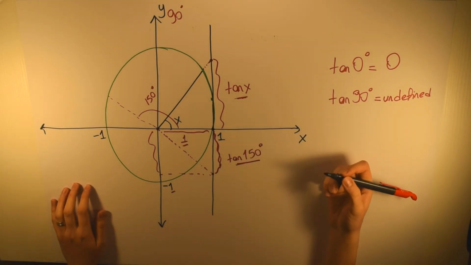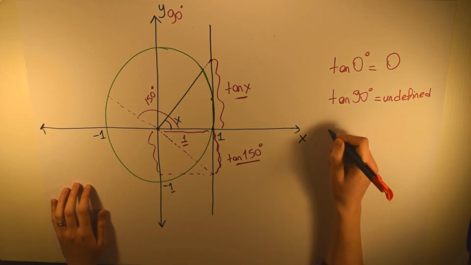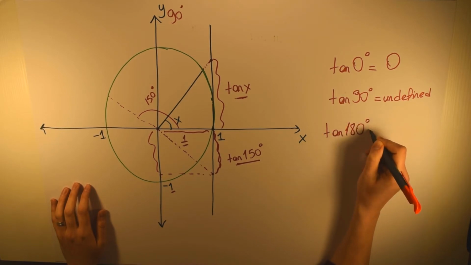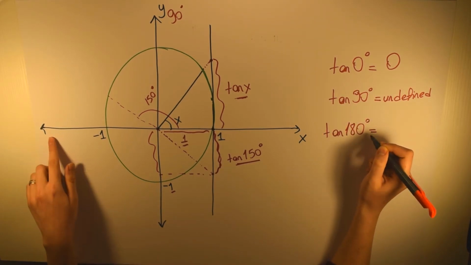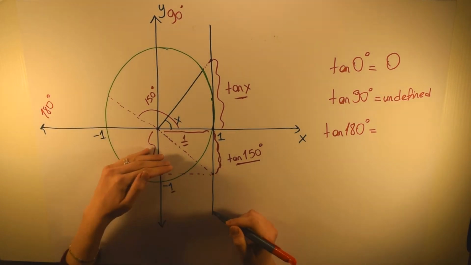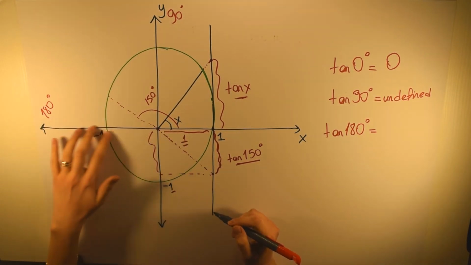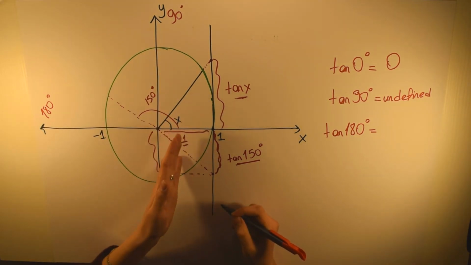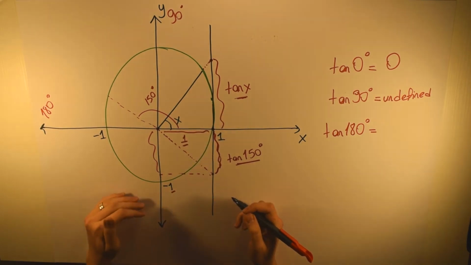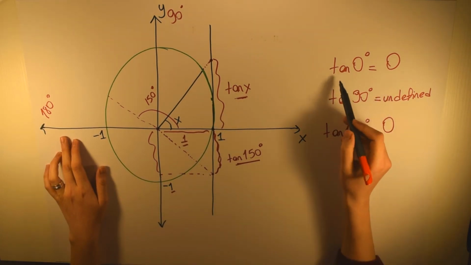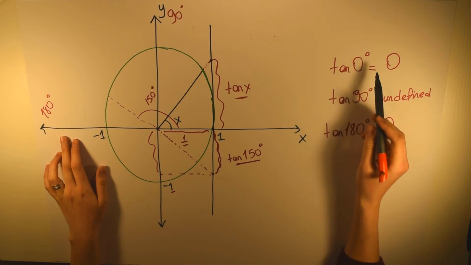When we want to find, for example, the value of tangent 180 degrees, our 180 degrees is here. There is no vertical height, because it has to be vertical in order to find the tangent value. So it is equal to 0, as we found for tangent 0.